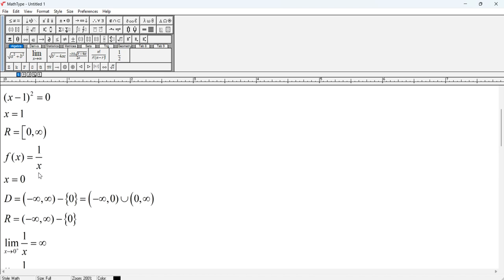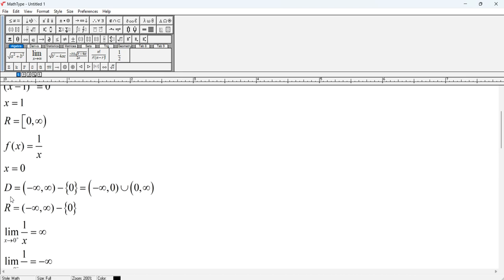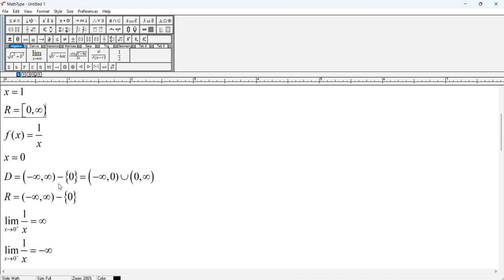The zero of the denominator is 0. When x equals 0, this function goes to infinity. So the domain is minus infinity to infinity without 0, because 1 divided by 0 is an indefinite value.